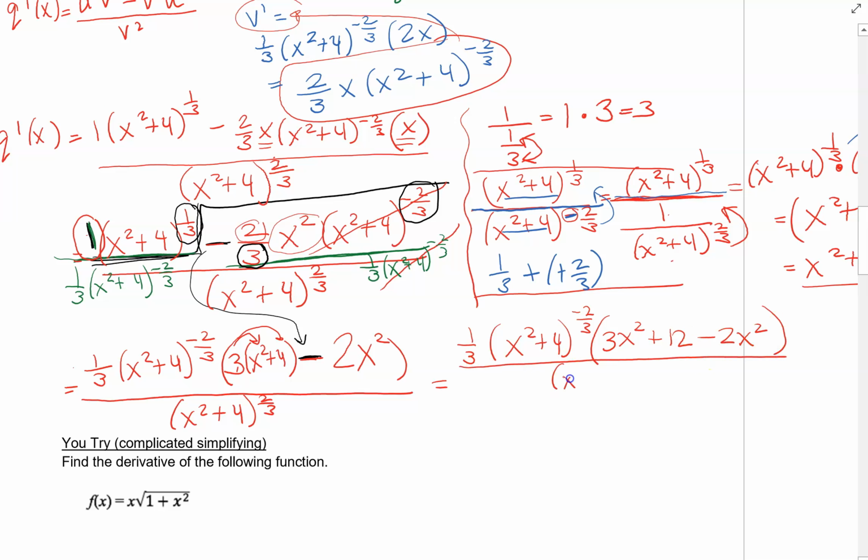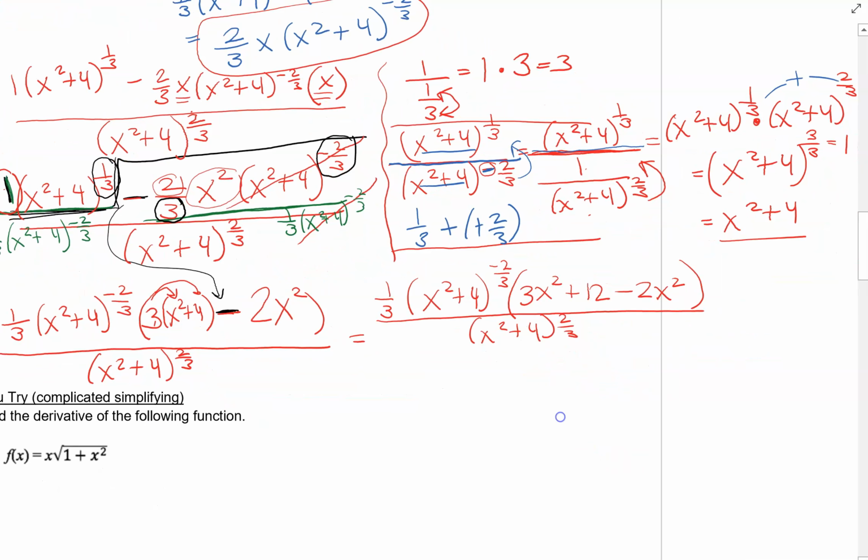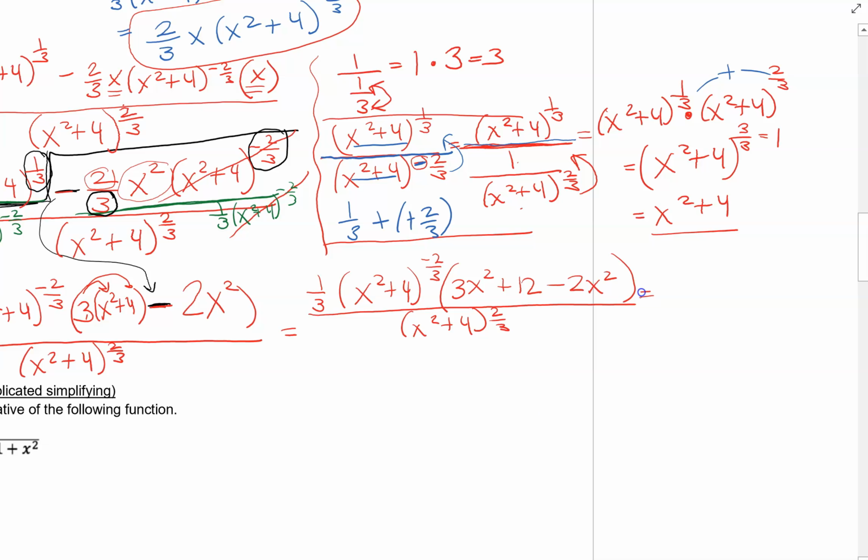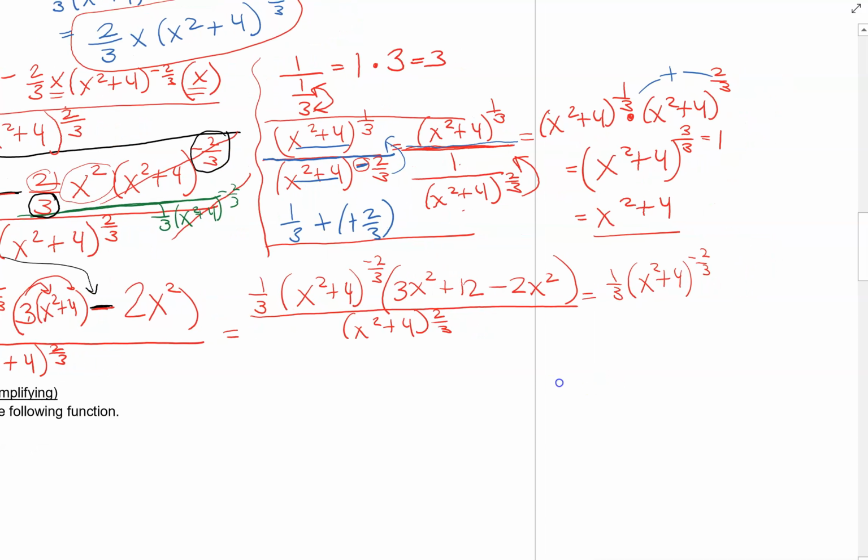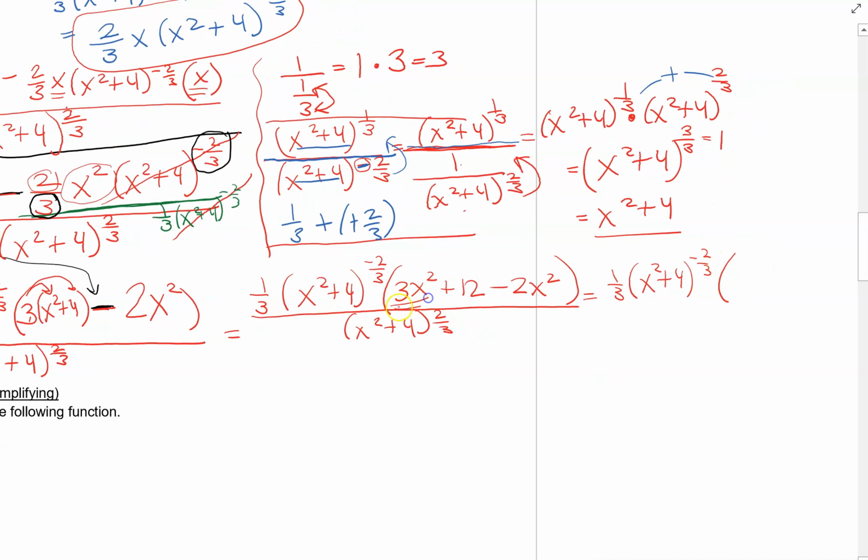All of this is over x squared plus 4 to the 2/3. And then that equals 1/3 times x squared plus 4 to the negative 2/3. And then I can combine the 3x squared and the negative 2x squared, which is just 1x squared plus 12, all over x squared plus 4 to the 2/3.